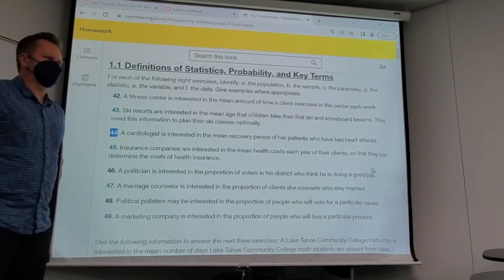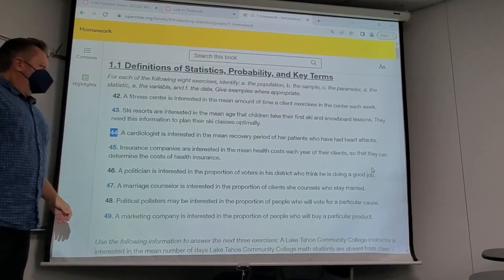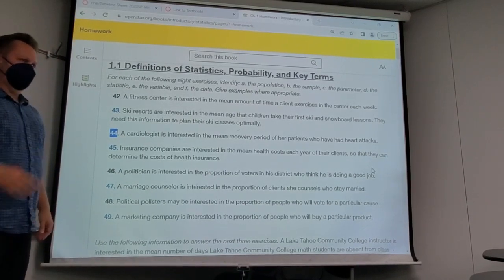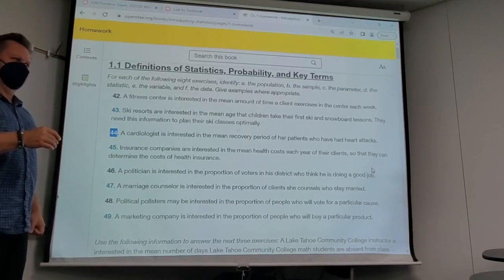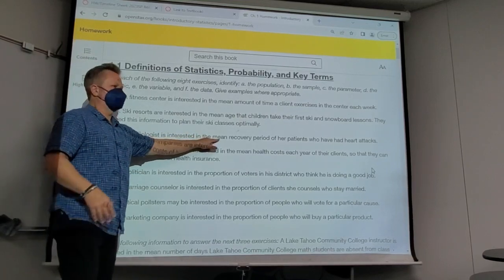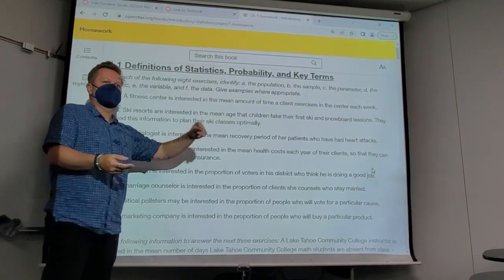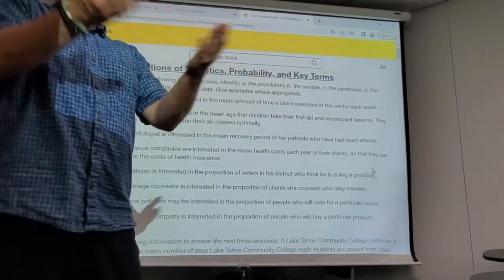What is this person interested in knowing? A cardiologist would just say the amount of time it takes their patients to recover from a heart attack. And this word we know is the average. So this person wants to know how long on average it takes for patients to recover. That makes sense.